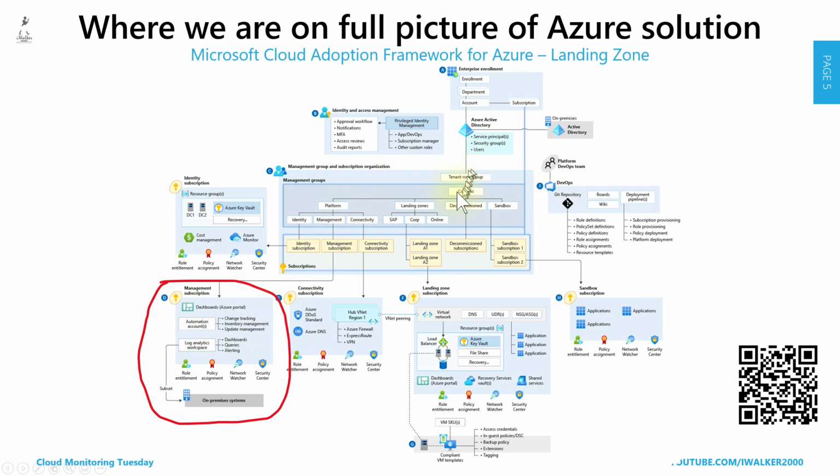And why do we need management groups exactly? This is the point of management again. Maybe your infrastructure will not be at a high enterprise level, but maybe you will use just a platform, landing zone, decommissioned, and sandbox.